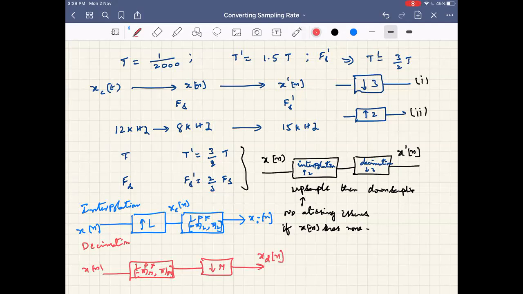So these two operations are to be done together when you want to do sampling rate conversion.